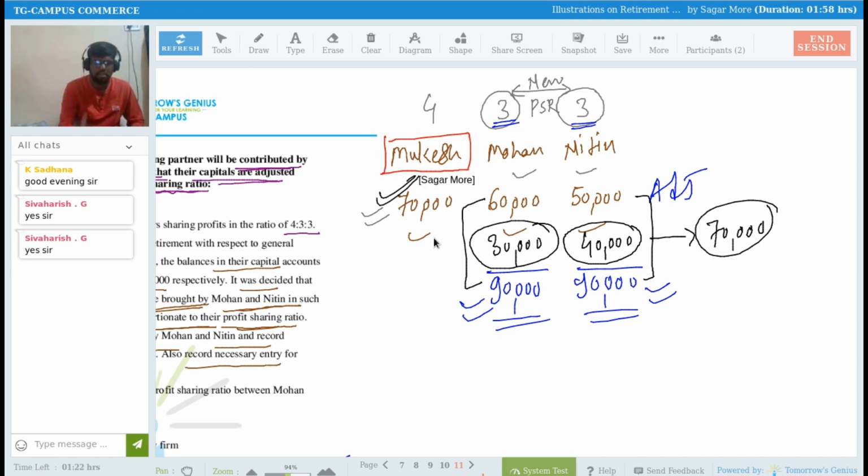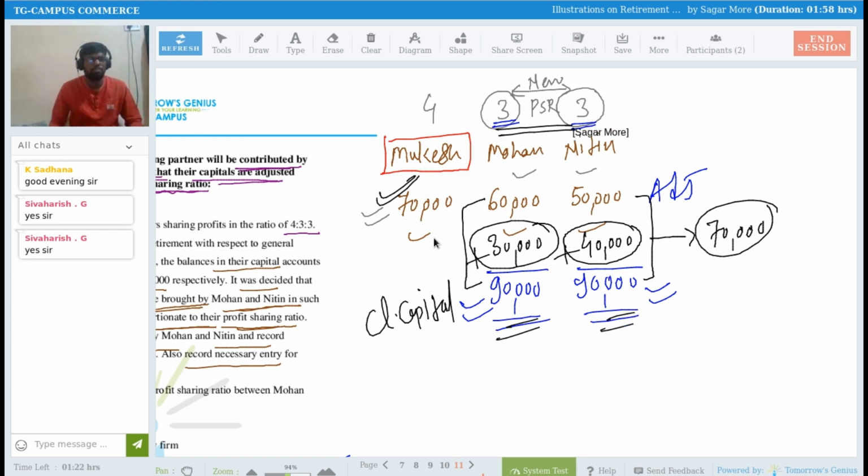So Mukesh's payment is done. After making this payment and contributing this 30 and 40 into the business, their closing capital will be 90,000 and 90,000 respectively, which is as per the new profit sharing ratio.